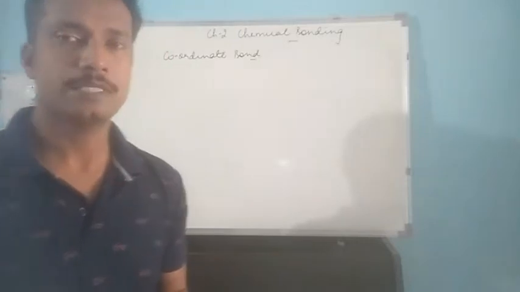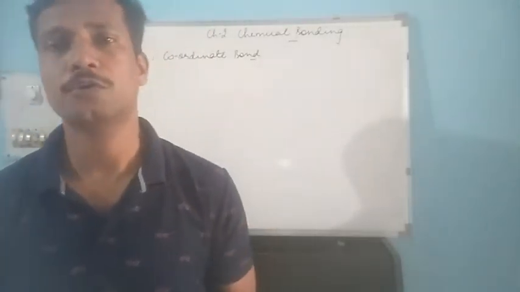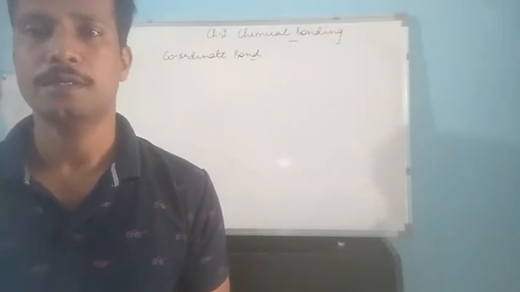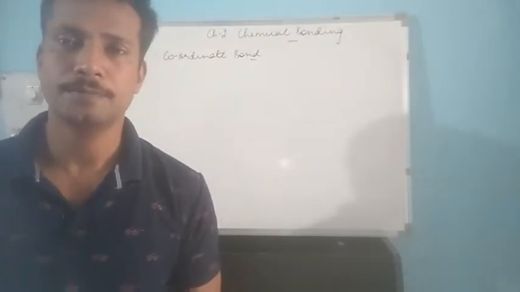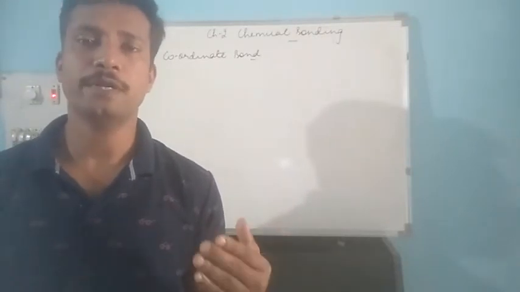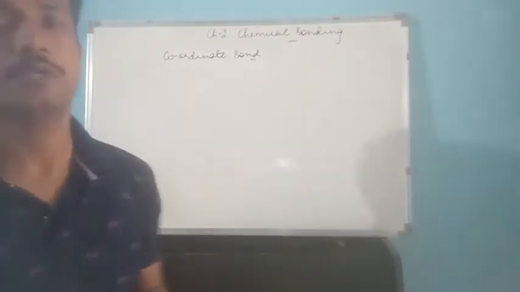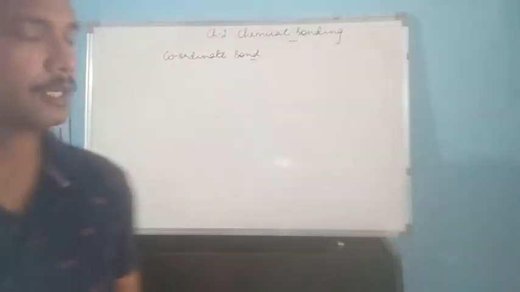In other words, you can say one atom will have the extra number of electrons and the other atom will be having deficiency of electrons. So there will be a bond between these two kind of atoms, and this bond is called coordinate bond. So these are the conditions necessary for the formation of coordinate bond.